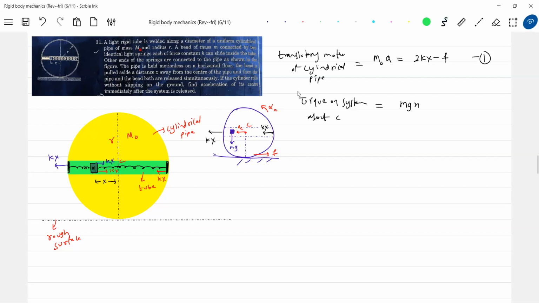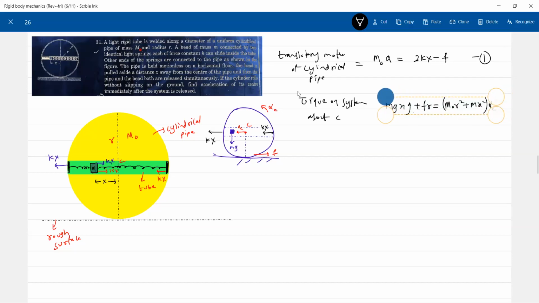So mg into X, and F into R should be equal to m naught cylindrical pipe, m naught R square plus m x square, into alpha c.